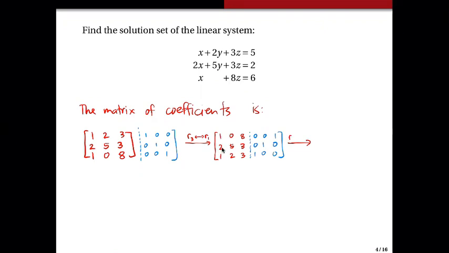So it's row 2 minus 2 row 1 and row 3 minus row 1. So for this, row 1 here is fixed: 1, 0, 8, 0, 0, 1.